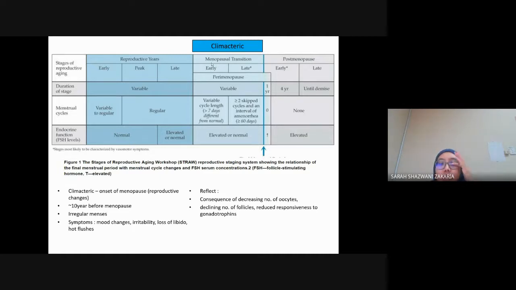So early and late here, we call it perimenopause. In terms of the duration of stage, it is variable depending on the individuals. The menstrual cycle is not regular, it becomes irregular, or even in terms of length, the variable cycle length is more than 7 days different from normal.